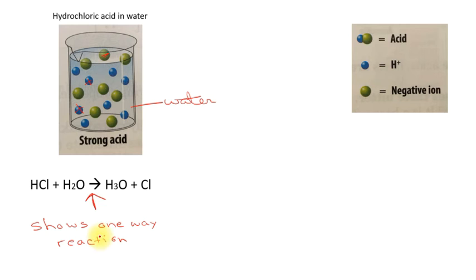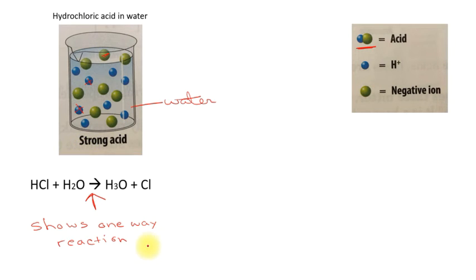So all of the molecules here are broken apart. You don't see any that still look like this, right? That still look like the green and the blue together. They are all broken apart, and the hydrogen ion has been released, and so they're all apart. This is actually a strong acid, right? It says that right there in the book.